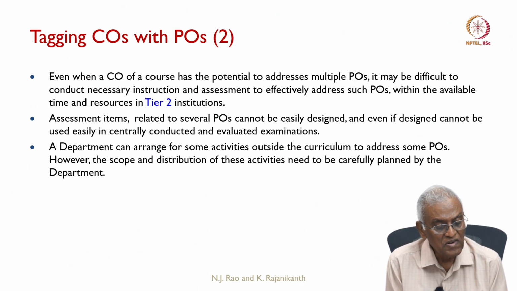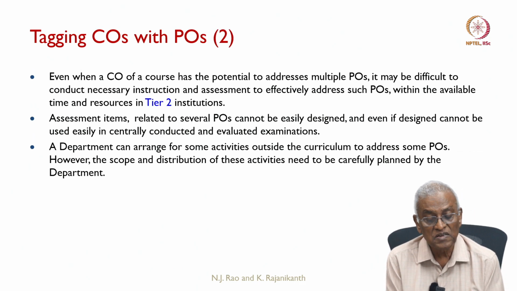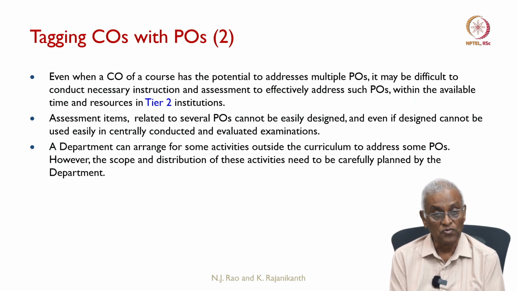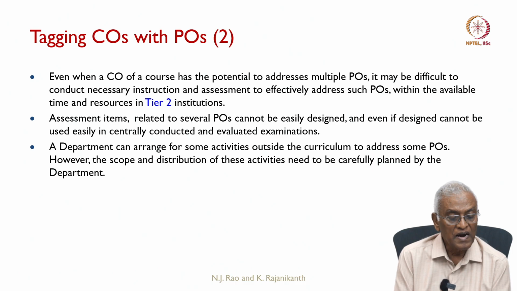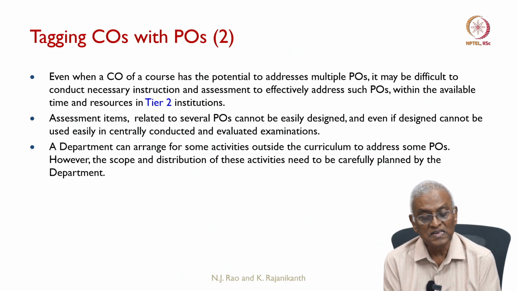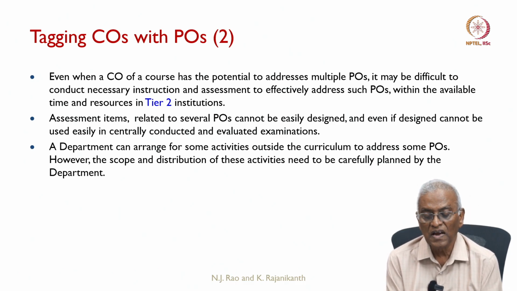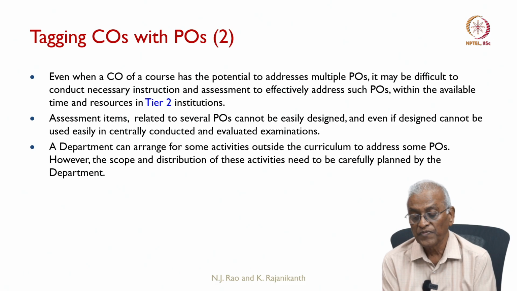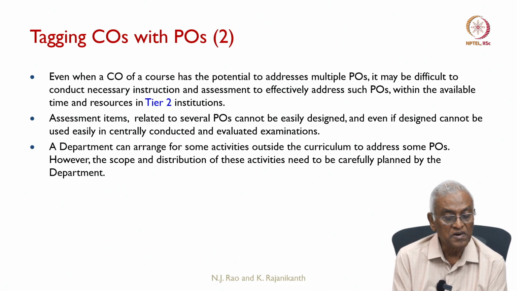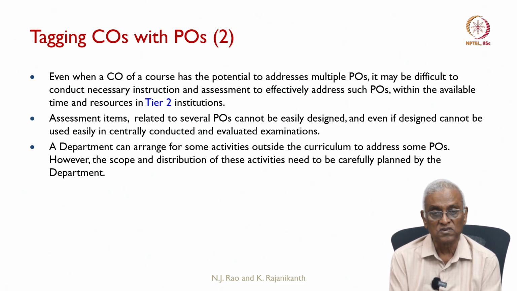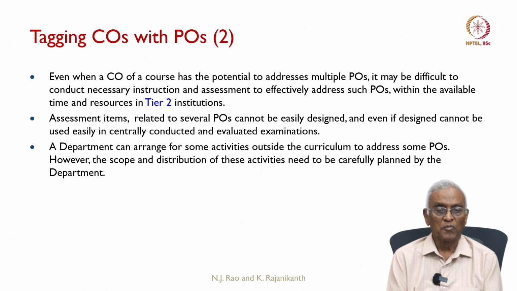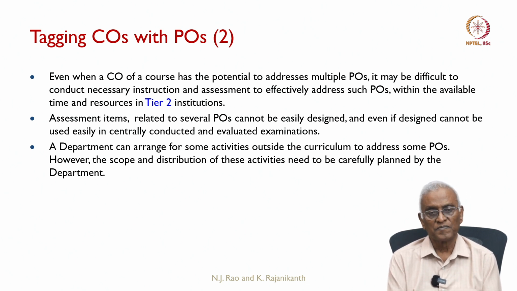Further, even if a CO of a course has the potential to address multiple POs, it may be difficult to conduct the necessary instruction and assessment to effectively address such POs within the available time and resources in Tier 2 institutions. Because in a Tier 2 institution you have a centralized examination.